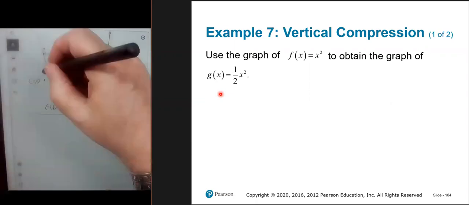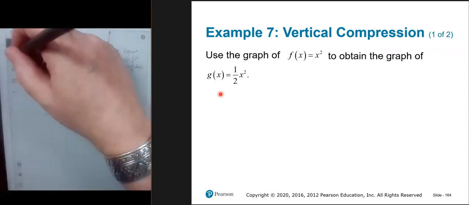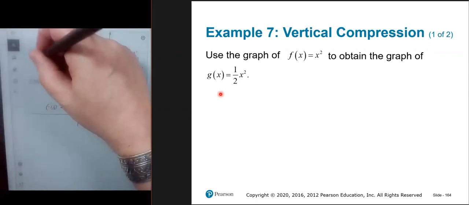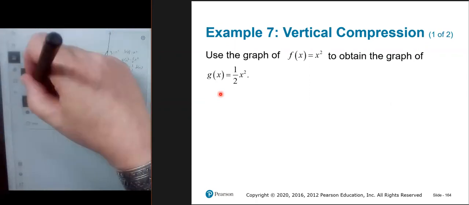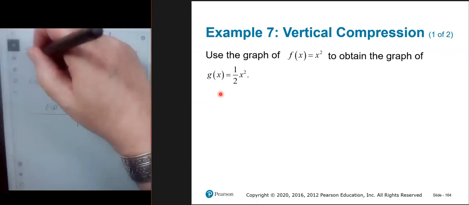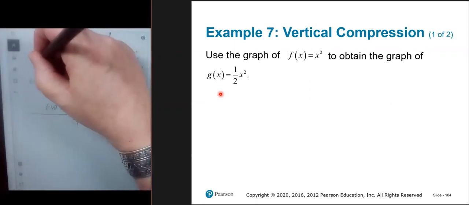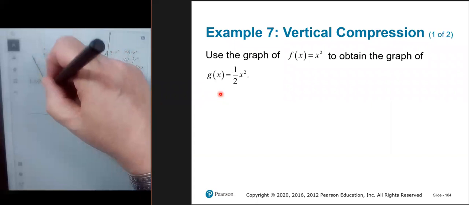And so my new graph, whoops, I want the thick line, goes like this.